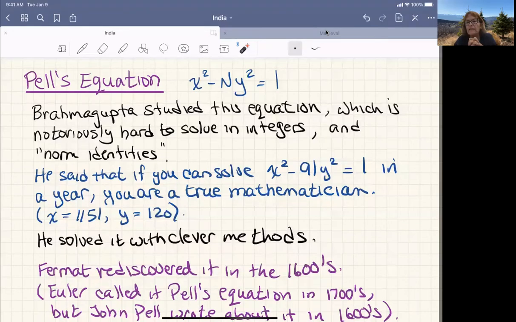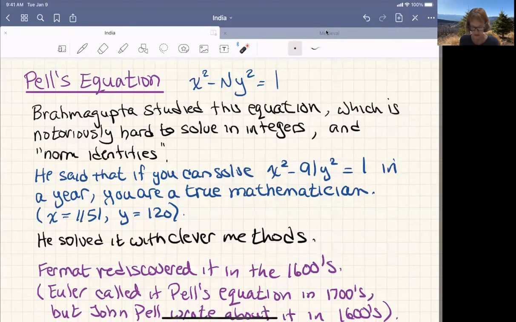So now let's take a look at Pell's equation. So this is something that is studied in number theory. So Brahmagupta studied this equation, which is considered to be very hard to solve in integers, as well as norm identities.